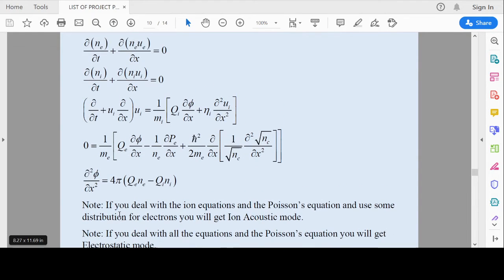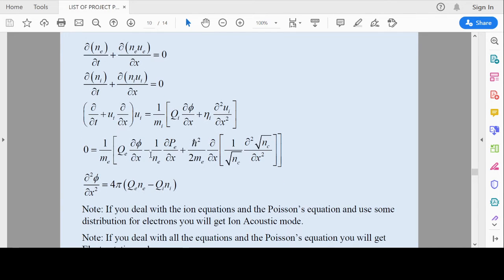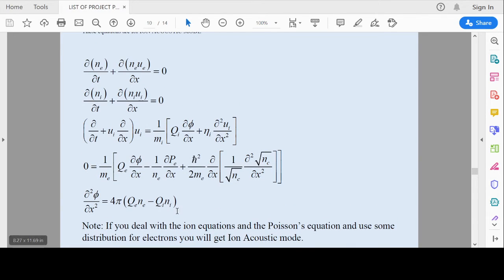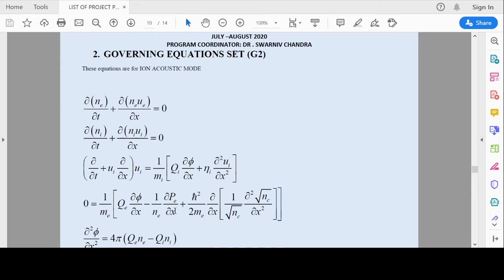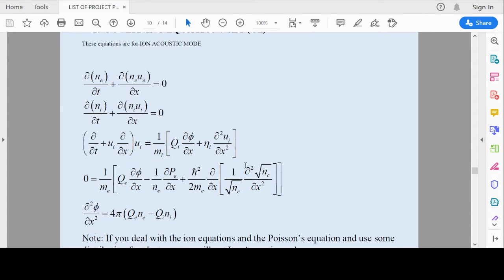If you take the ion equations only and the Poisson's equation, and in place of the electron density you take some distribution, be it Maxwellian or some Kappa distribution, whatever, it depends upon you. If you carry out with those, you can get the ion acoustic mode, or else you can get the electrostatic mode, where you have to take these 5 equations, and this set of equations is given by G2.